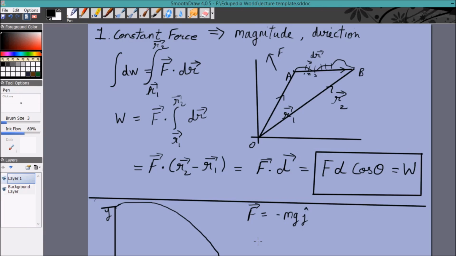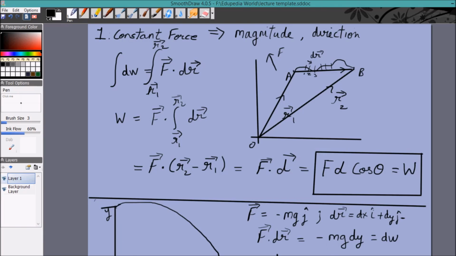The displacement at any point, by the standard definition, dr is dx i cap plus dy j cap plus, if needed, dz k cap, but we are just talking about 2 dimensions right now. So F dot dr will be minus mg dy, and this will be dW, and if you integrate it you will get W is equal to minus mg y, where y will be the change in displacement.